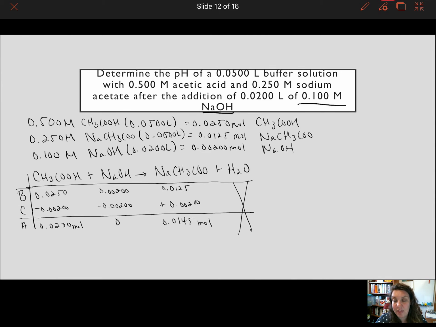Those can then either be put directly in because our volume will not change, or if you'd like, we can also go through and solve for concentration.